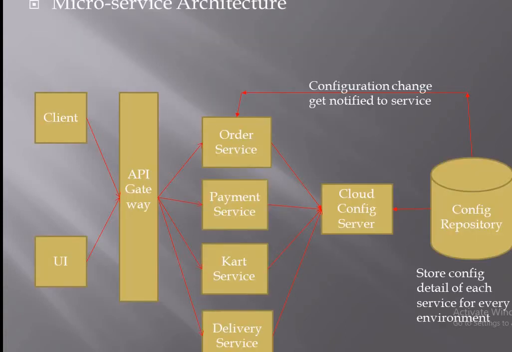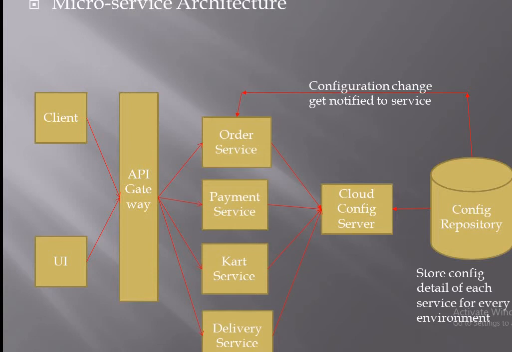So this is the typical architecture with the cloud config server that we use. We have multiple services like order service, payment service, cart service, delivery service. Every service is going to connect with the cloud config server. The cloud config server is a new service that you can easily create using Spring IO URL.